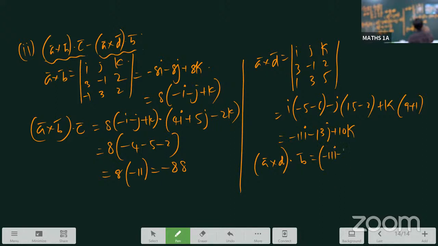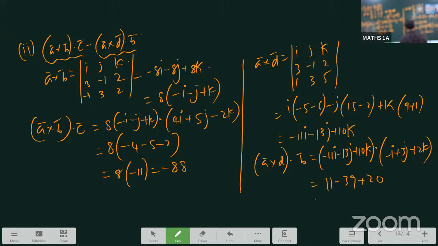Minus 11I minus 13J plus 10K dot product with minus I plus 3J plus 2K. Now that is 11 minus 39 plus 20. Right? That is minus 8.